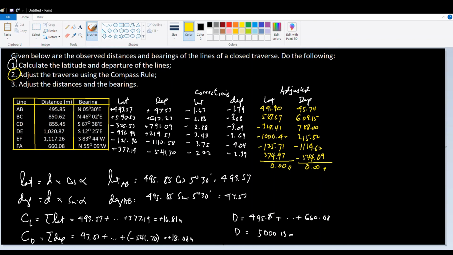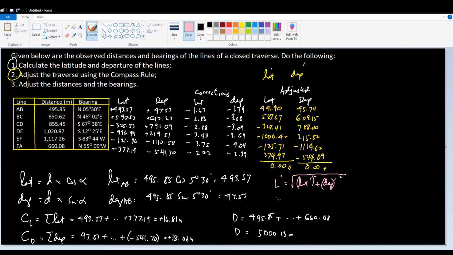The second one. Finally, we have to adjust the distances and the bearings. So the adjusted latitudes are L prime and the adjusted departures are dep prime. So how do we find the adjusted length? The adjusted length is simply equal to the square root of the adjusted latitude squared plus adjusted departure squared.